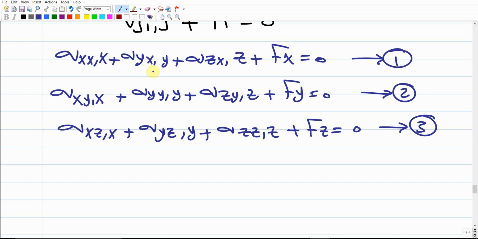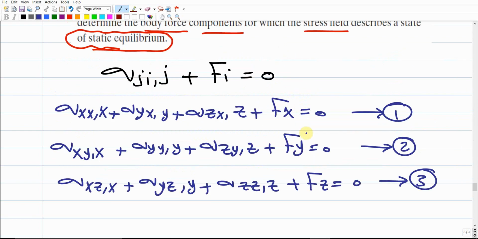This should be like xx, yy, zz, and so on, right? And these are the different body forces. So we are interested in finding Fx, Fy, and Fz.